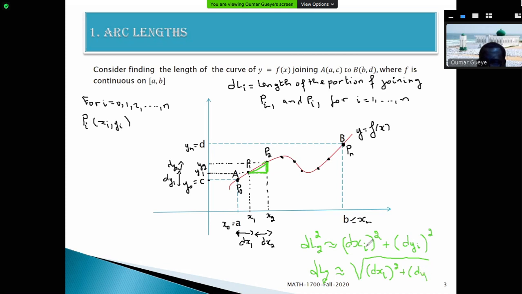I said i, but it's going to be 2 because I'm calculating i equal to 2. Sorry, it's going to be 2 here, because I'm just focusing on the second interval. What I did here for the second subinterval will be repeated for all subintervals. And adding all these dli, I'll get an approximation of the portion of the curve joining capital A and capital B, if you add all these small portions.